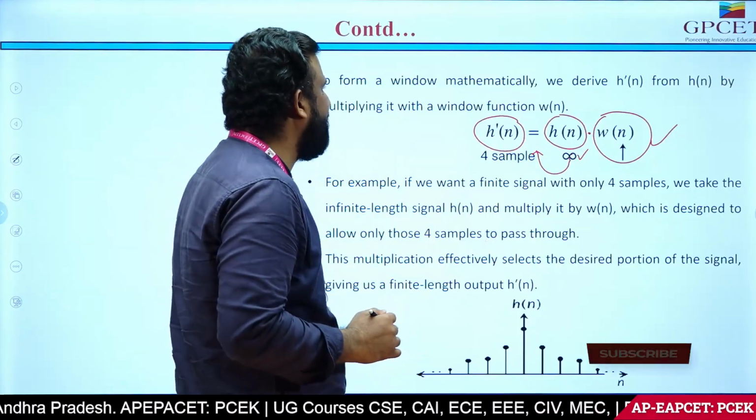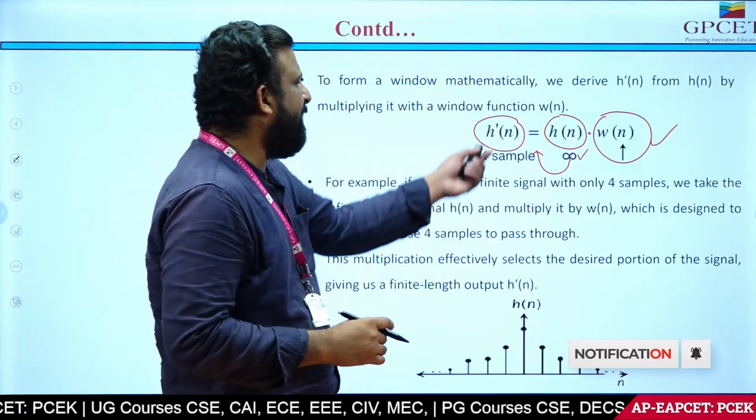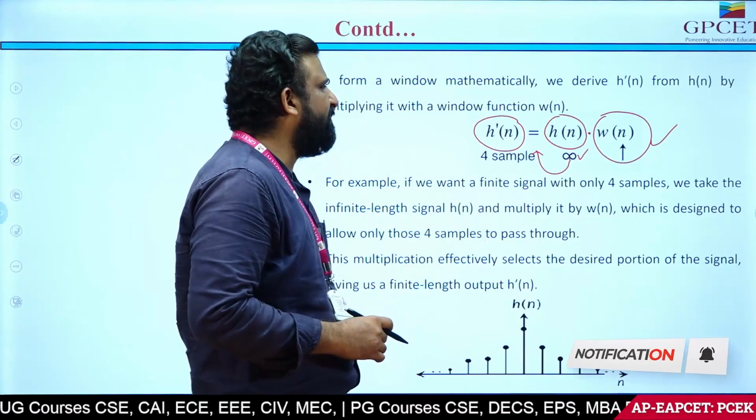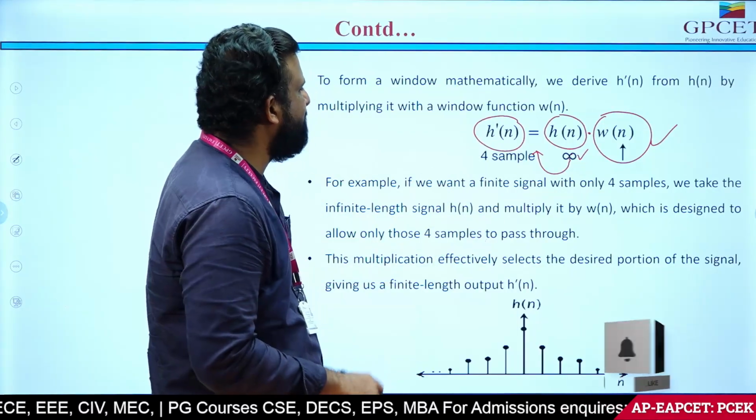So this is the mathematical representation of how we obtain the finite length sequence, by multiplying the infinite length sequence h of n with the windowing function, so that I can obtain h dash of n.